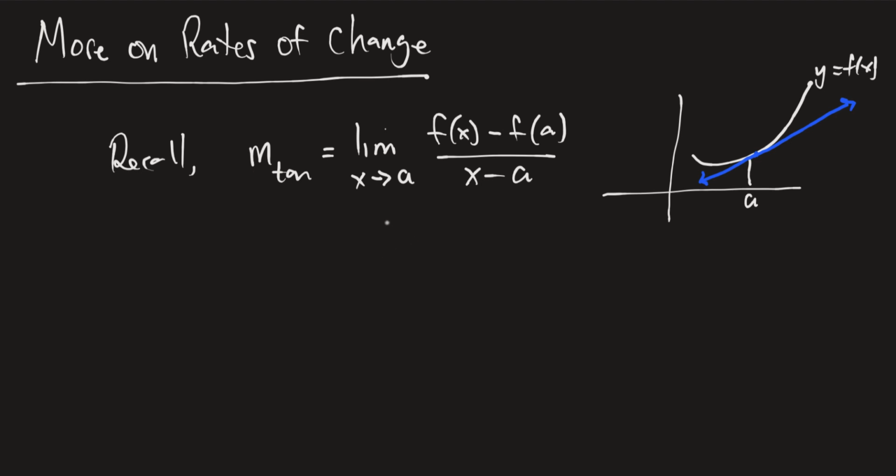So what is this form? Well, just to remind you of where this came from, we started with the graph of a function, and we had 2 points on that function, and the first x value was fixed. This is the point at which we want the tangent line.